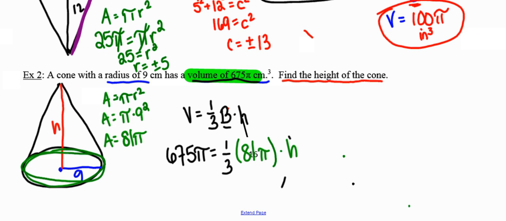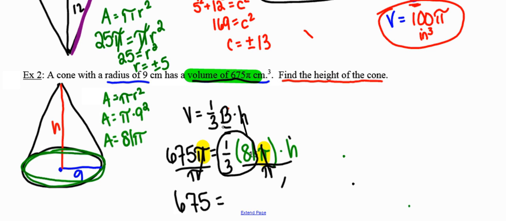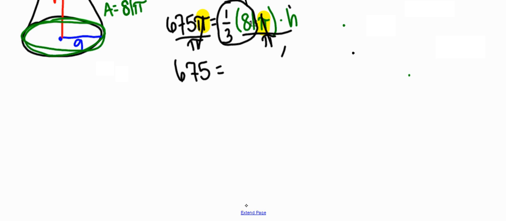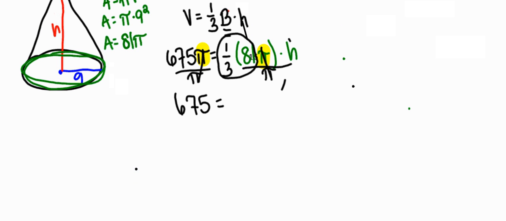All right, I'm noticing pi is a factor on the left side of my equation and pi is a factor on the right side of my equation. So I can either divide both sides by pi, or you might think just cross out a pi from each side. So I get 675 on the left side. And now I'm going to multiply the 1/3 times the 81. When I multiply the 1/3 times the 81, my calculator tells me 27 times h.